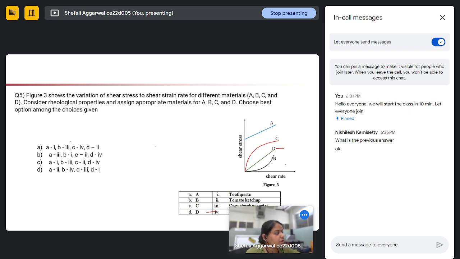Then comes the non-Newtonian fluids. First we will see B. B was shear thickening. Shear thickening, what example have we seen before? We have seen the example of mud at the beach, right? So what do you think can be a shear thickening material? Toothpaste, cornstarch, or tomato ketchup?